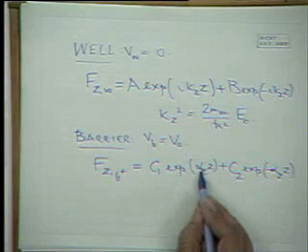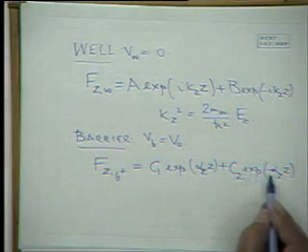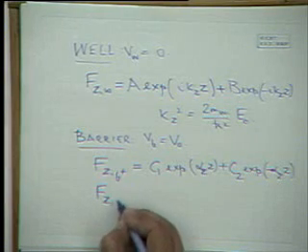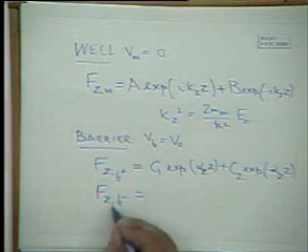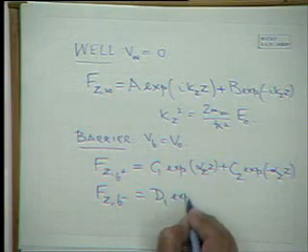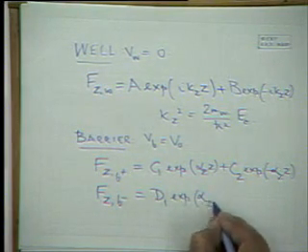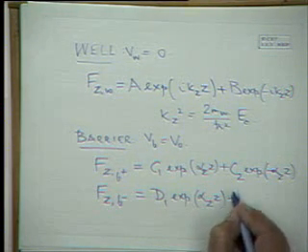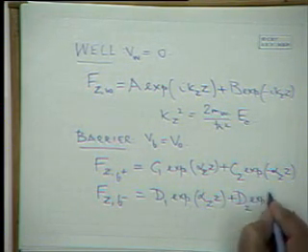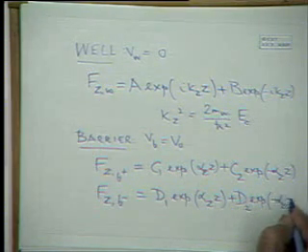Notice these are exponential waves increasing and decreasing with z. And similarly, in the left-hand side barrier, we have f_B minus equal to D1 exponential alpha_z z plus D2 exponential minus alpha_z z.